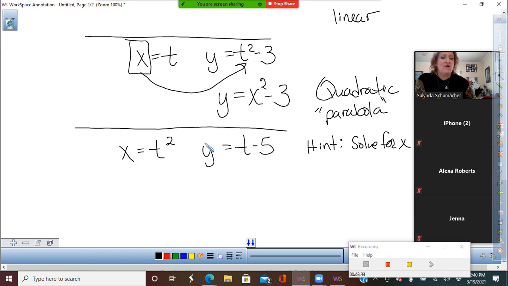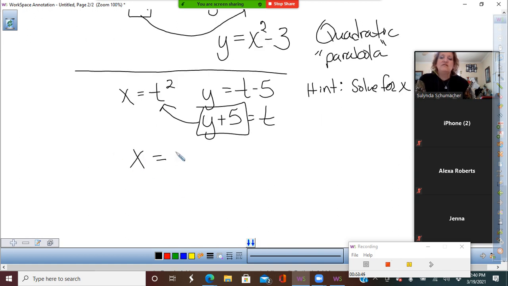So we're going to solve this one for t this time. I'm going to add 5 over. So y plus 5 equals t. I'm going to take this y plus 5 and plug it in over here. That means I get x equals (y plus 5) squared. You can actually leave it in this form if you want. If you want to multiply it out using the box, you can do that too, but it's fine in this form. So this is also, because it's squared, a quadratic.